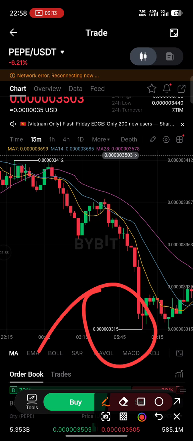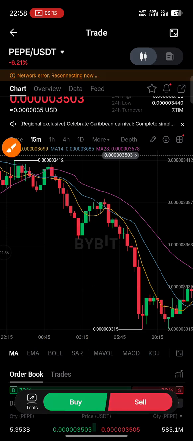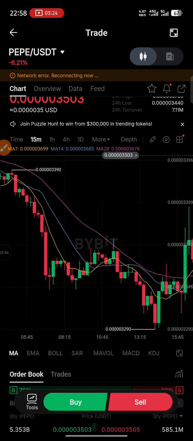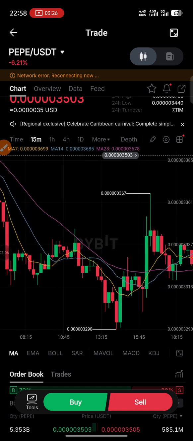Now you see, okay, let's still go further. Don't forget the topic for this. The topic for this is how we can use the previous candles movement to make money while trading cryptocurrency coin.